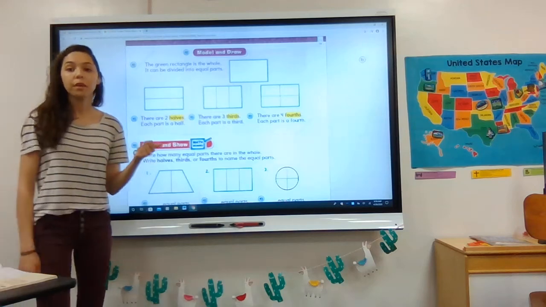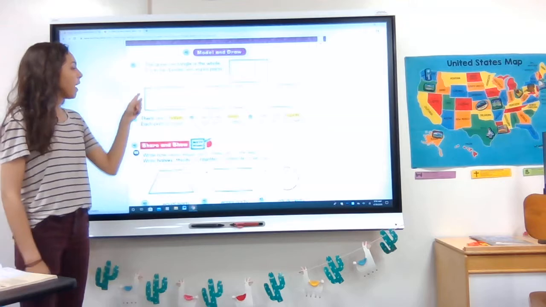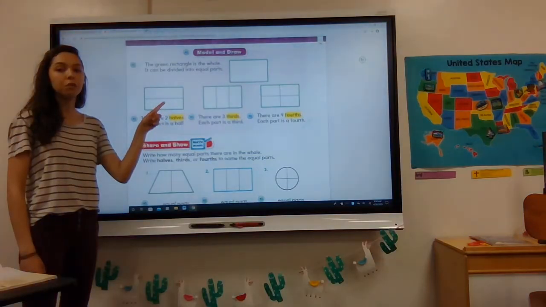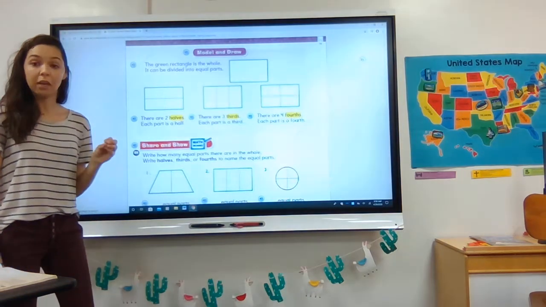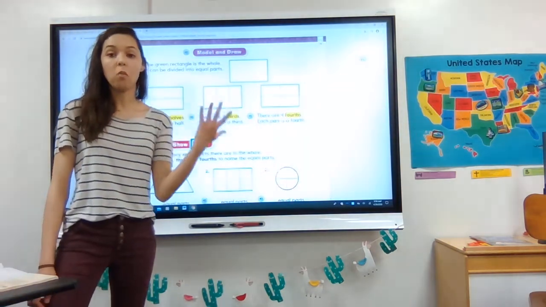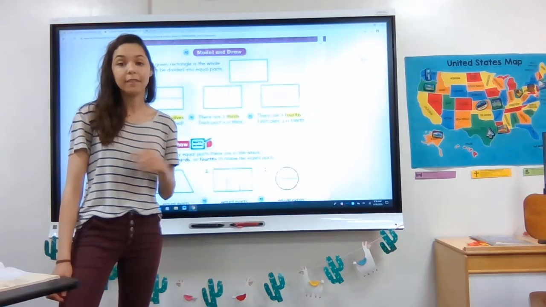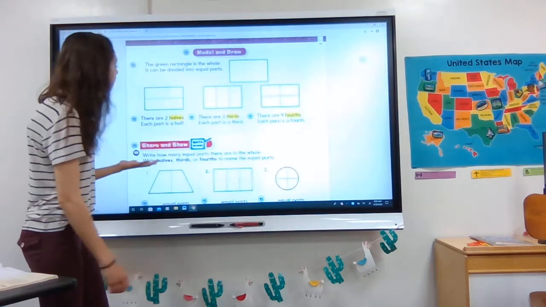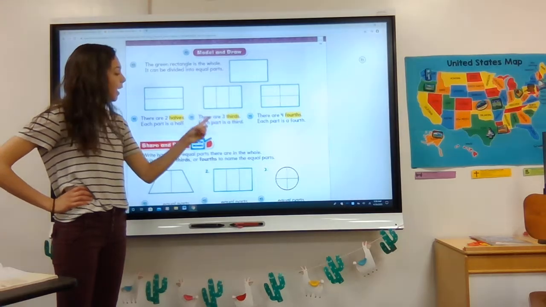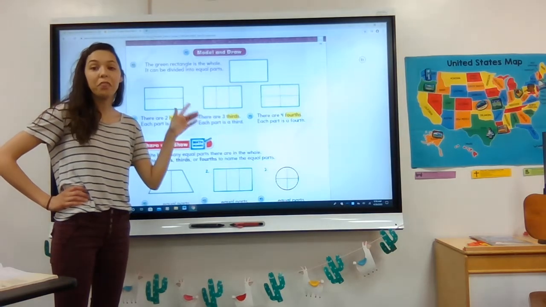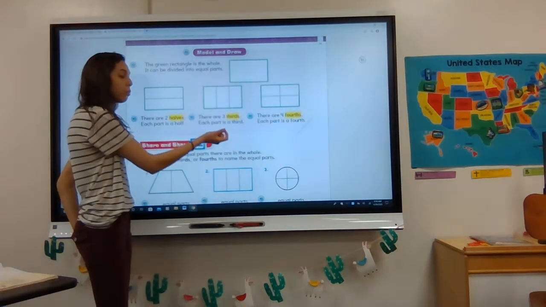So now we're going to be looking at the math part of that. What does that actually mean? Well, if I have my rectangle and I split it into 2, I see 2 halves. The important part of this is that they're equal. All right, so there's not one half or a third or a fourth that's bigger than the other, because then that's not an equal part. All right, if I look at this next one, I have my whole rectangle again, and I have divided it into 3 thirds. So 1, 2, 3, 3 equal parts, 3 thirds.